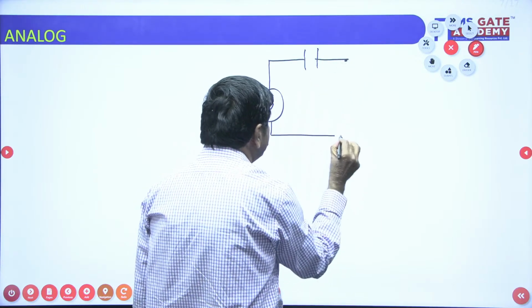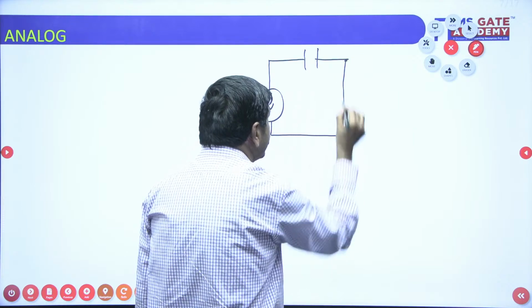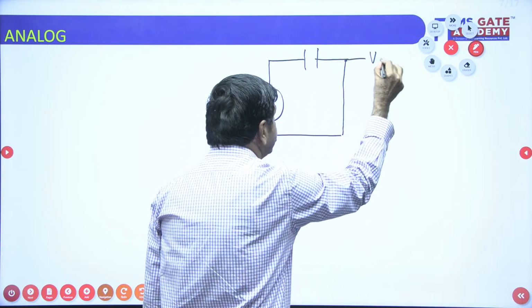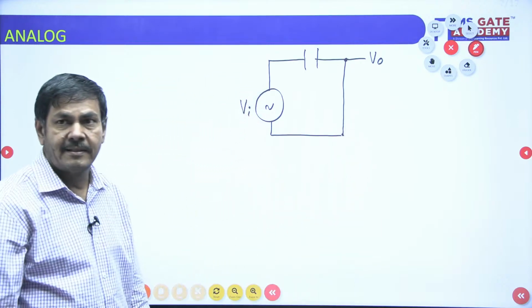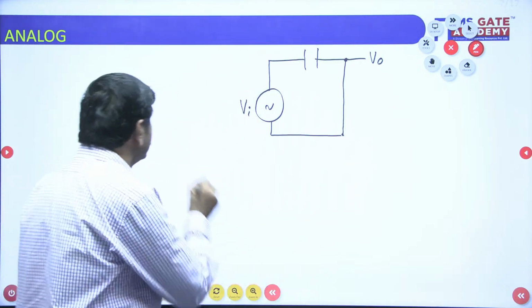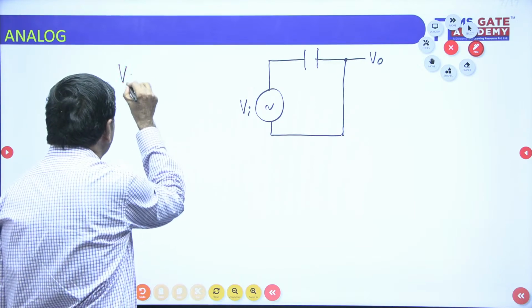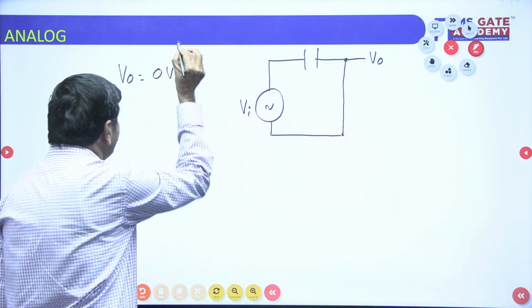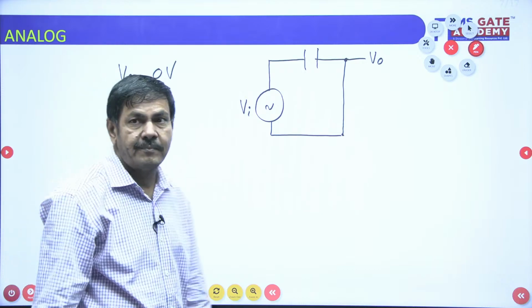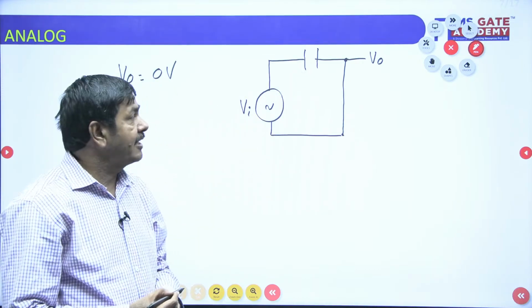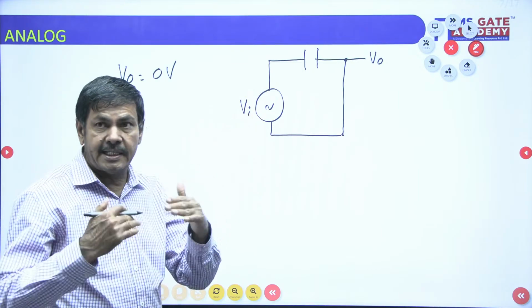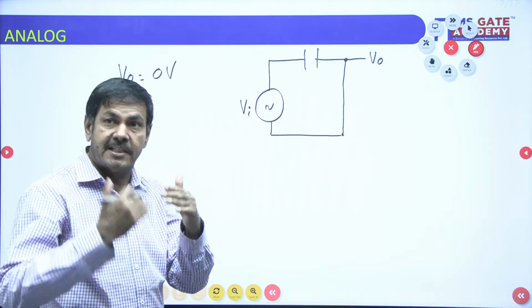Can you say what V0 I can get in between these two terminals? I will not get any voltage. That becomes 0 voltage. So I can say V0 equals 0 voltage. What about voltage across the capacitor? Voltage across the capacitor means Vi is increasing from the 0 level.